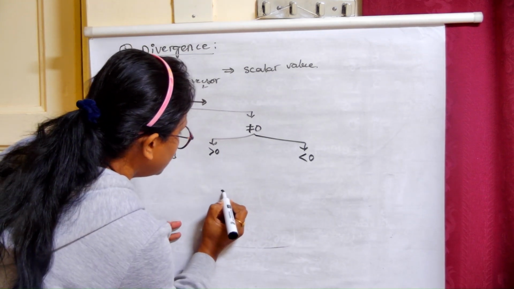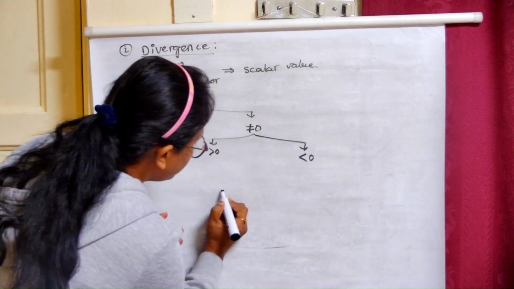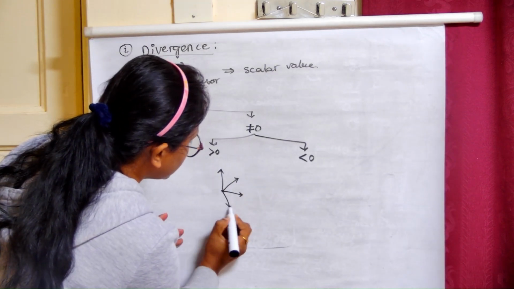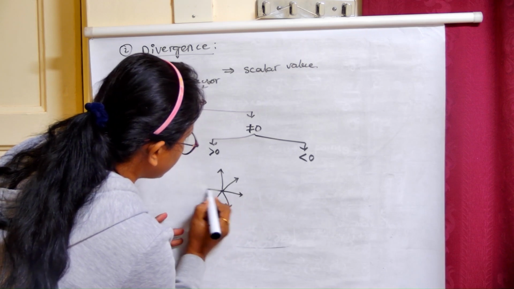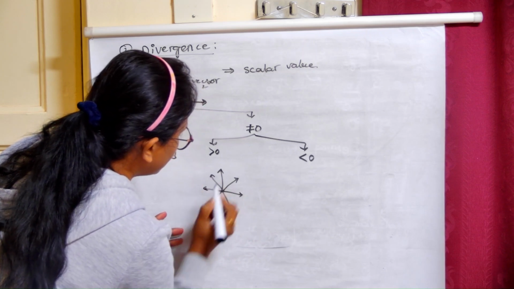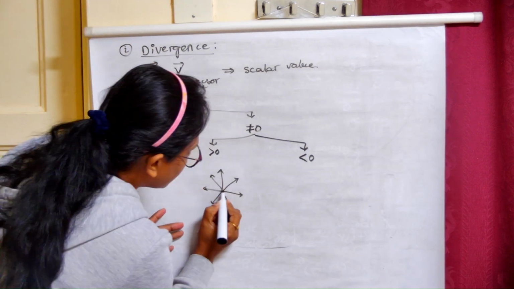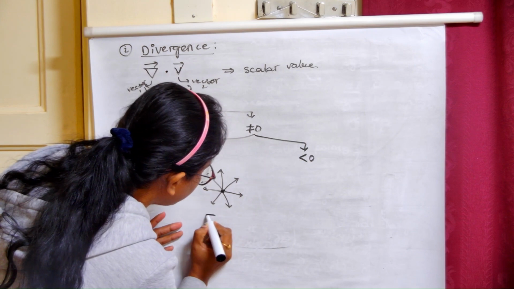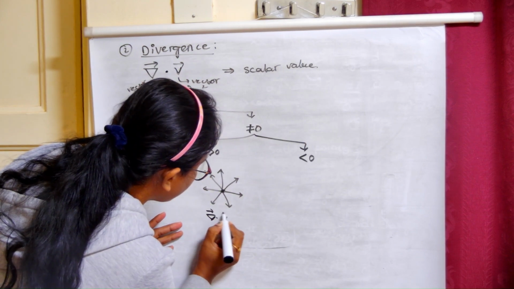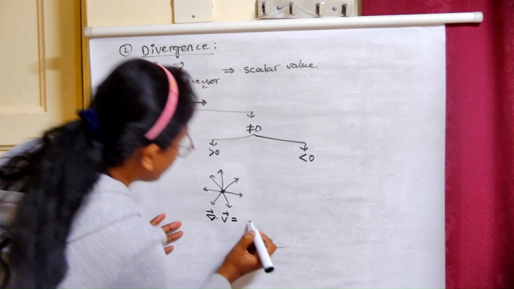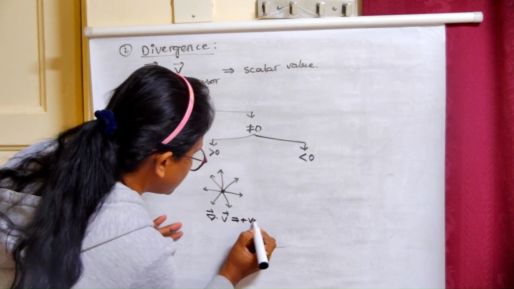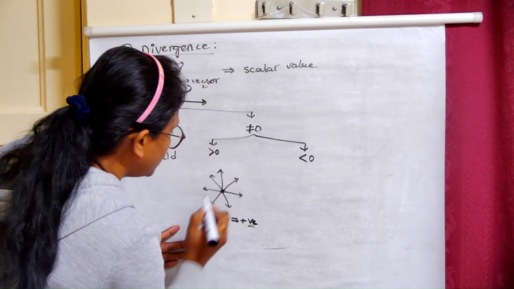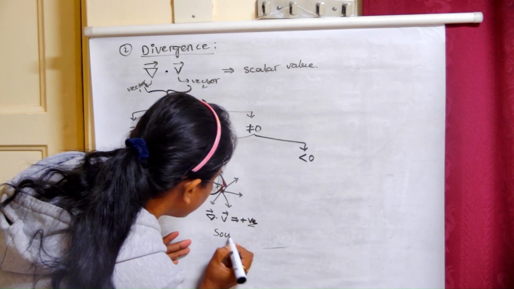Say for example, here is the point of consideration, and if we have vector field lines passing like this, then the divergence at this point will be positive. So positive divergence at any point represents the source point.